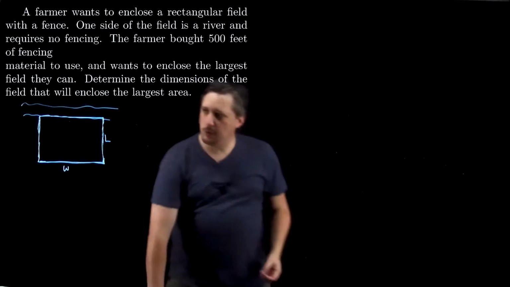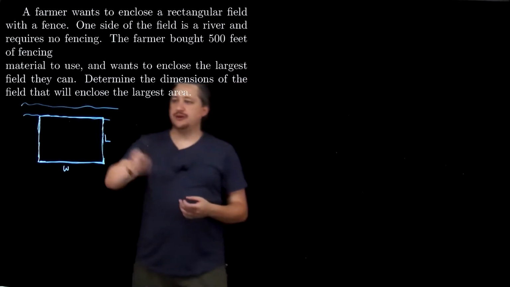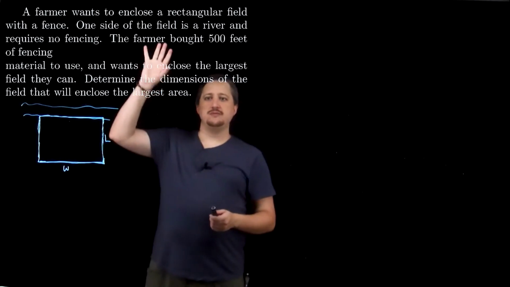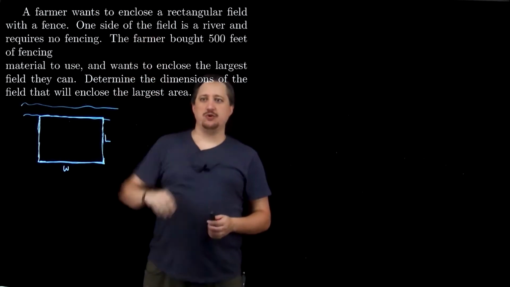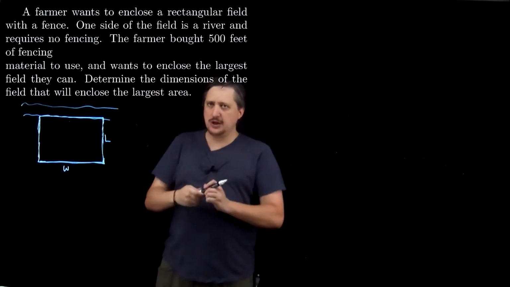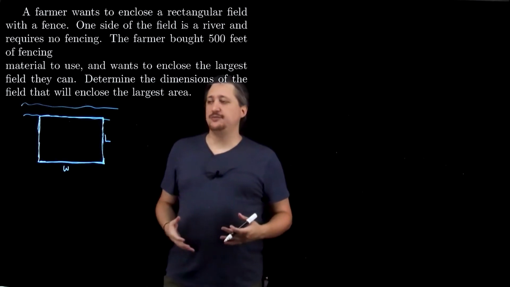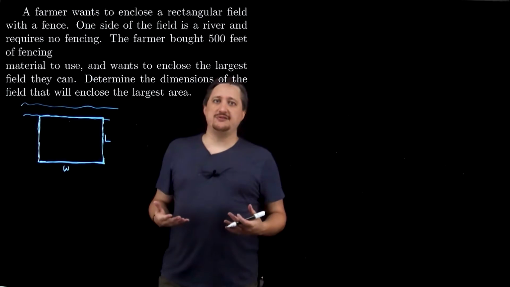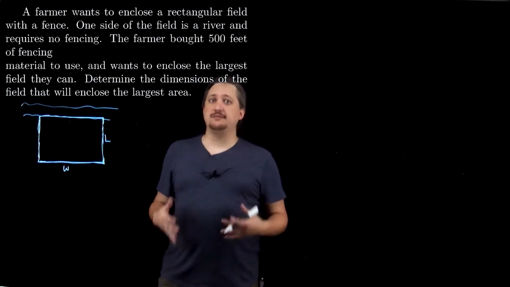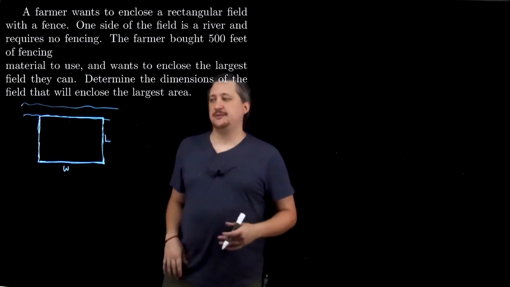So now we want to use what we've drawn to model what's being told to us. In particular, we know two pieces of information. He wants to enclose as much area as possible, and he has a limited amount of total fencing. In particular, he has 500 feet of fencing, all right?